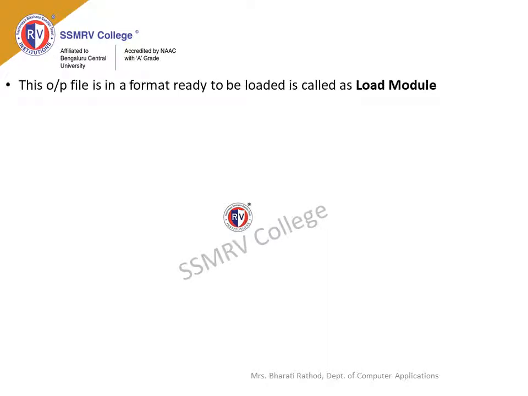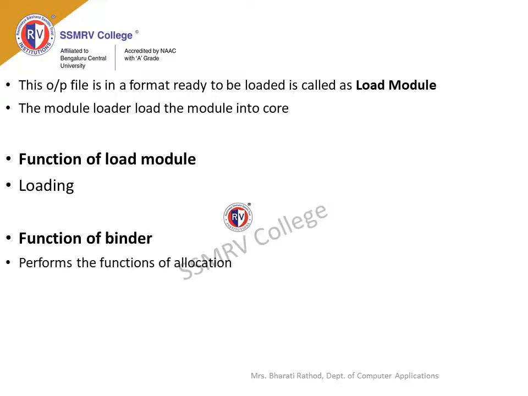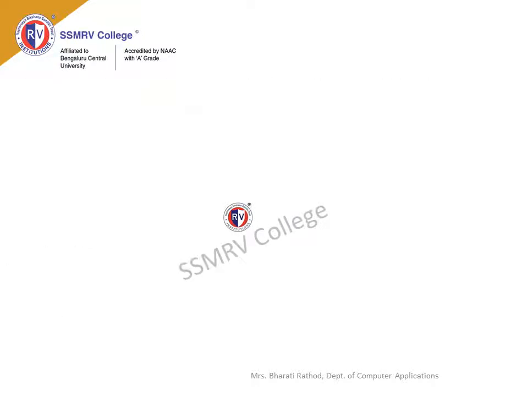The output of this file, in a format ready to be loaded, is called a load module. The module loader loads the module into the core. The function of the module loader is loading, whereas the binder performs the functions of allocation, relocation, and linking.